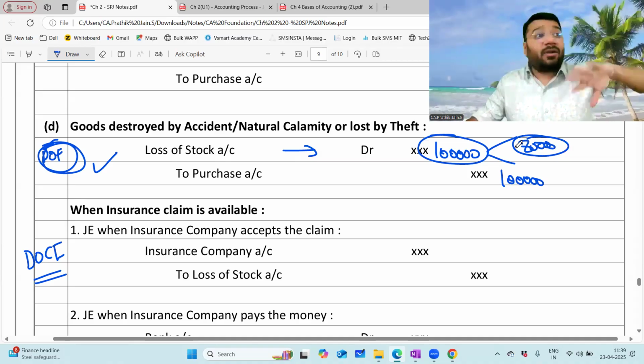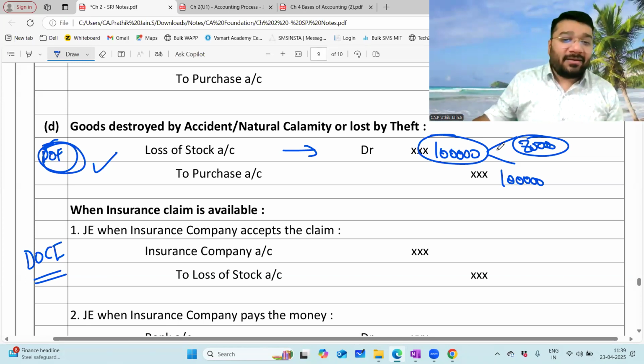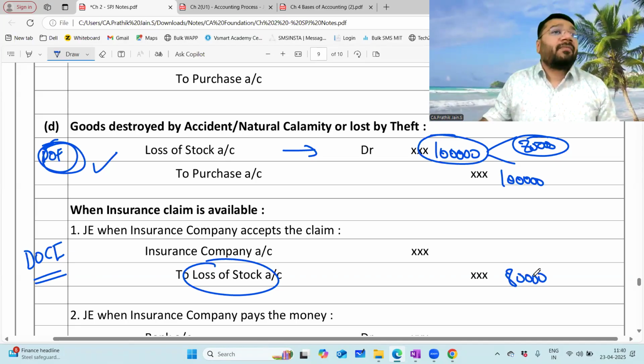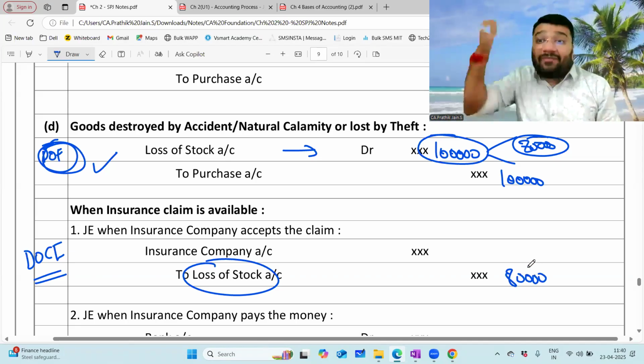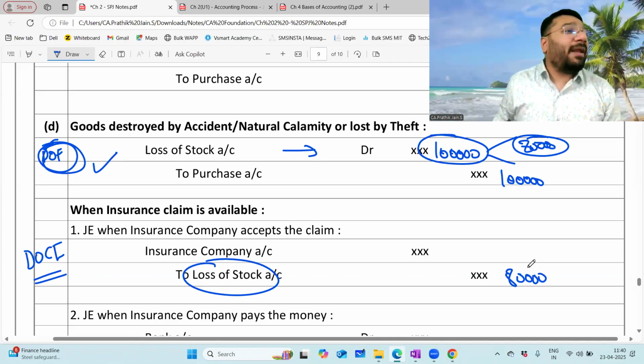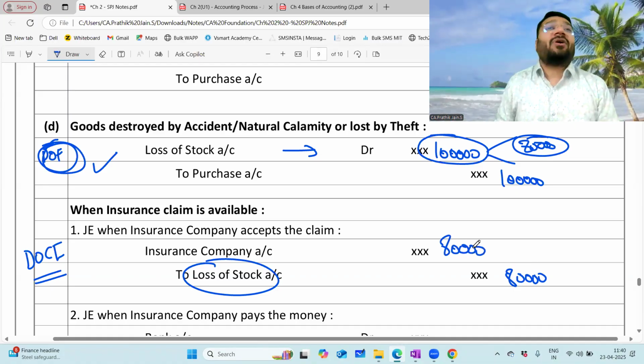So I have to reverse that loss. To create loss, debit. To increase loss, debit. To decrease loss, credit. So to loss of stock, 80,000 I'm reversing it, credit. Why am I reversing this loss? Because I'll get this money from the insurance company in future, and anything that I get in future is an asset. An asset has a debit balance. To create an asset, debit. So 80,000 debit insurance company to loss of stock by fire.